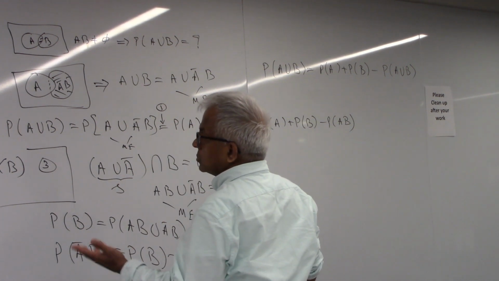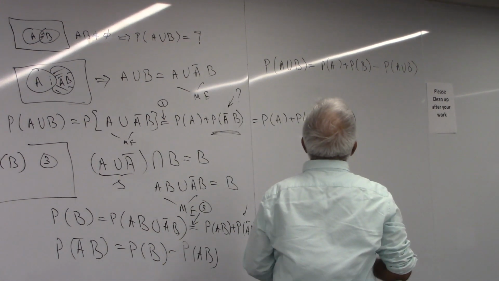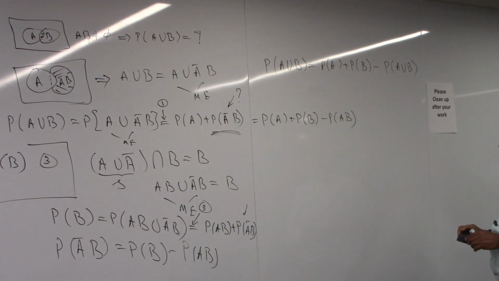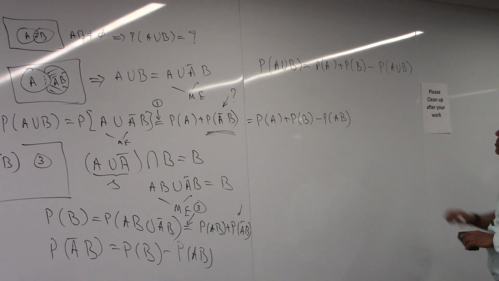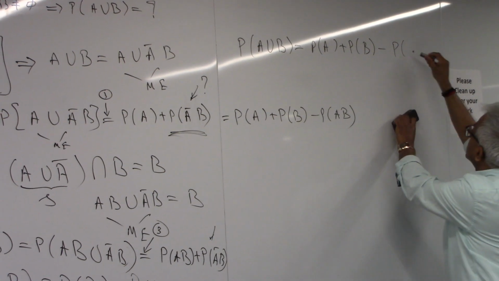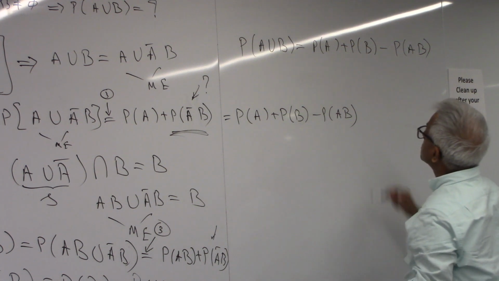And so on. So this is an example to show how to compute the probability. Here it is not A union B, but A intersection B. In other words, I'm simply substituting this expression.